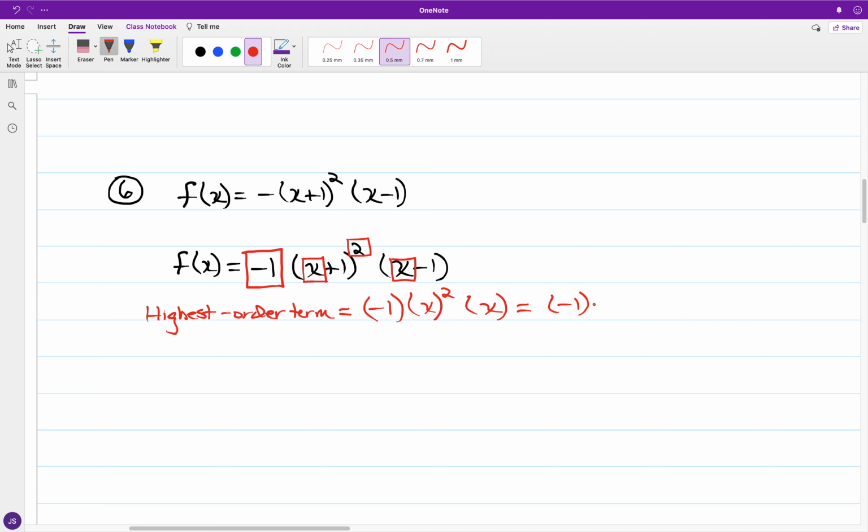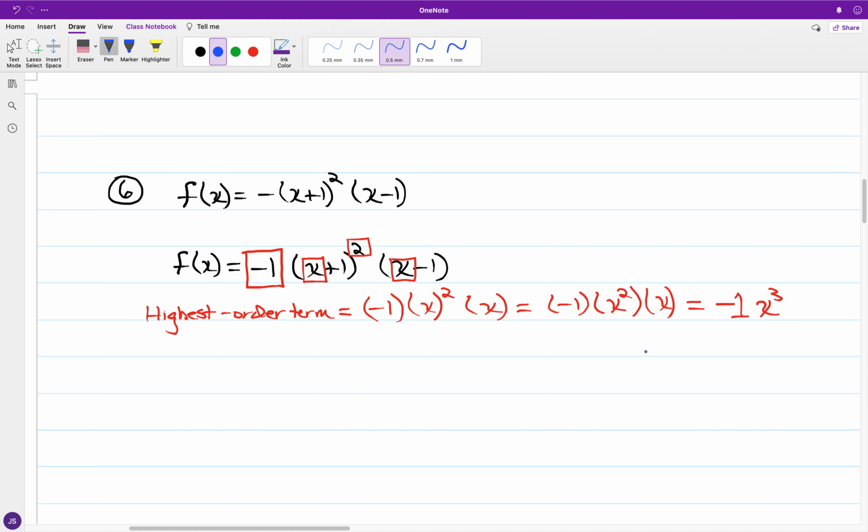Now the square of x is just x squared, and times x, so you have negative 1 and x squared times x is x to the third. So the highest order term is negative x cubed, or to stress the coefficient and the sign, negative 1 x cubed.